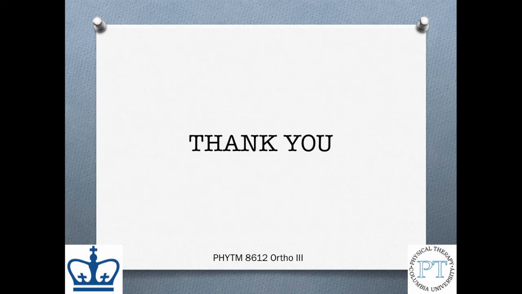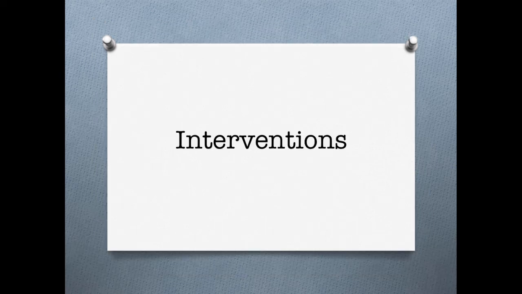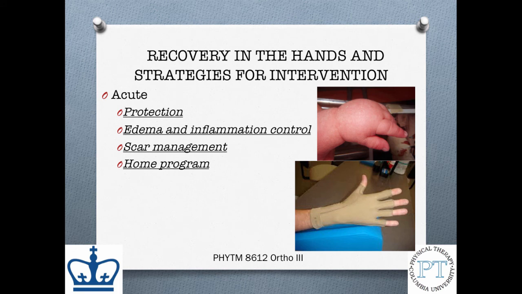Okay, so that's the end of our wrist and hand pathology. I just want to spend a few minutes talking about some generalized interventions for hand and finger pathology. In the acute or early stage, edema and inflammation control is big. As you can see on the top left, that's a picture of a patient with lymphedema.